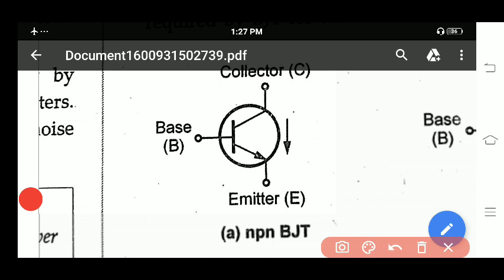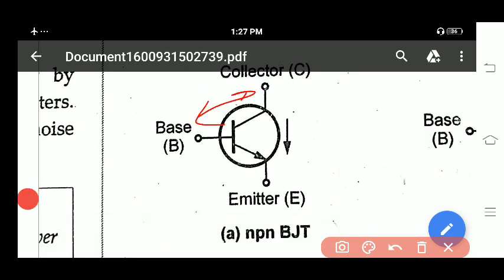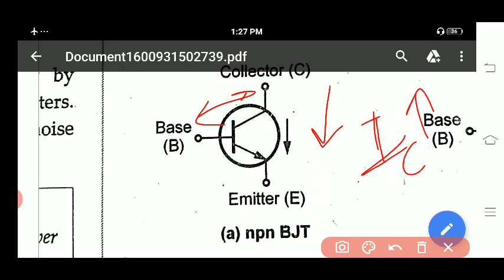Usually the breakdown that takes place in the junction between collector and base you call a primary breakdown. And if IC increases to the maximum value, in that condition there will be a drop of collector to emitter voltage.